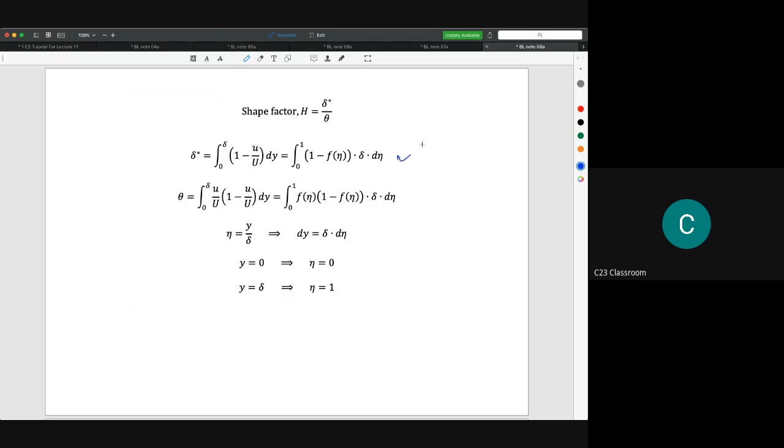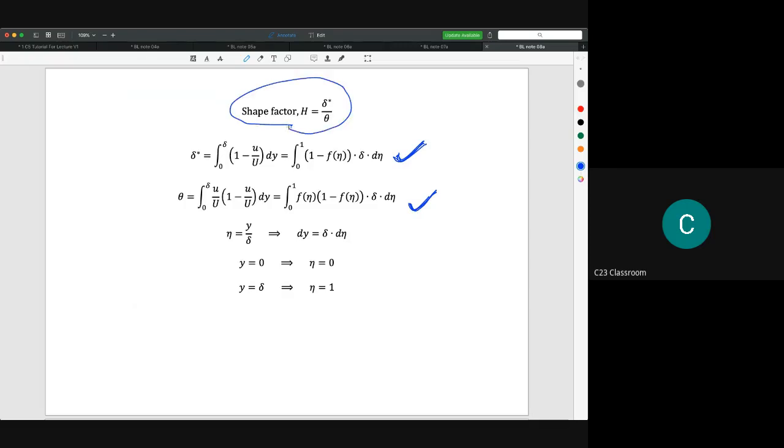So this is the equation for delta star, and this is the equation for theta. The shape factor H is delta star over theta.